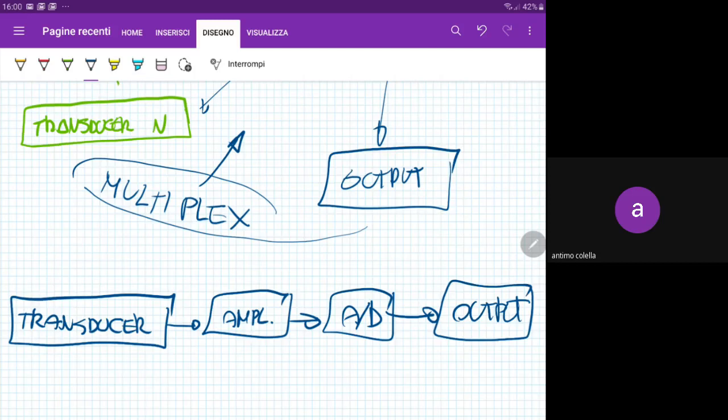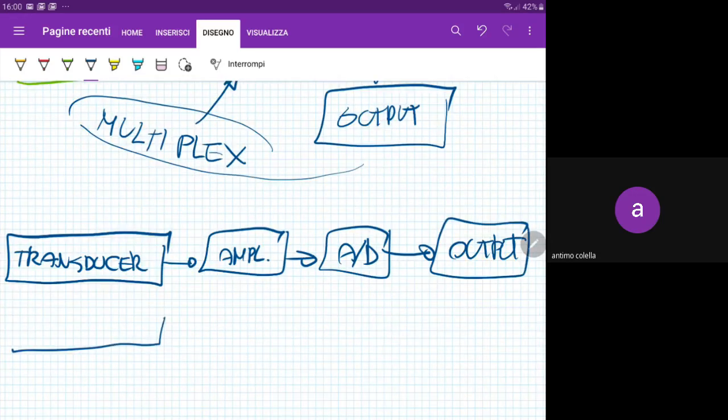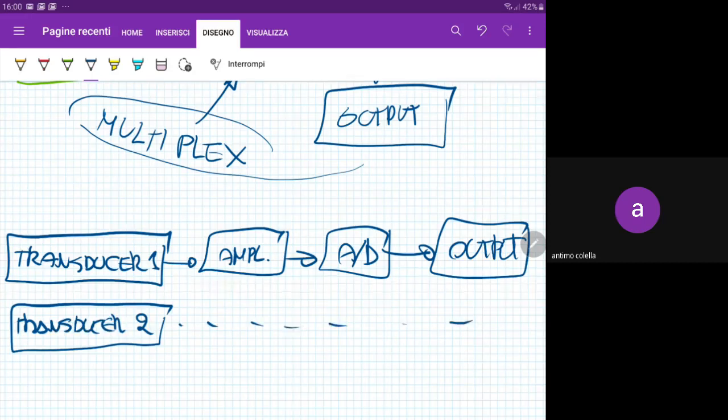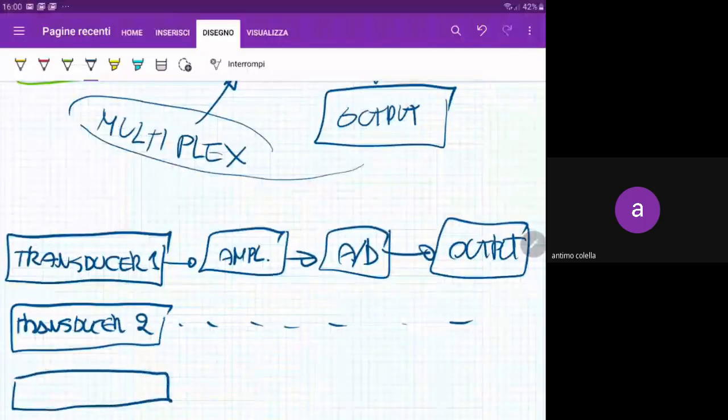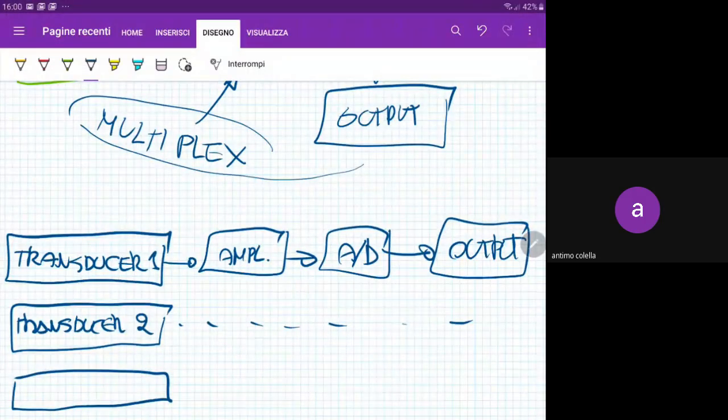That is done for each transducer. So repeat that: transducer 1, transducer 2, and so on. As you can see, we are having a lot more components in your data acquisition system with respect to the scanner one, with the multiplexing one.